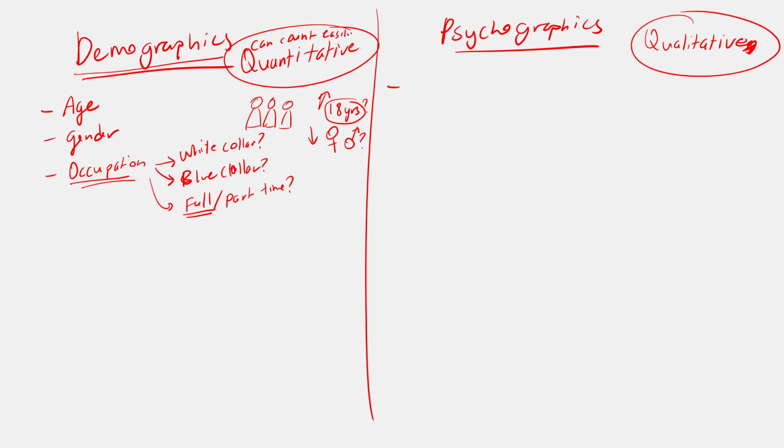So qualitative is more intangible, maybe you can say that. It's harder to count. So these are normally people's values, opinions, and I can't quite remember what the last one is. Give me a minute.